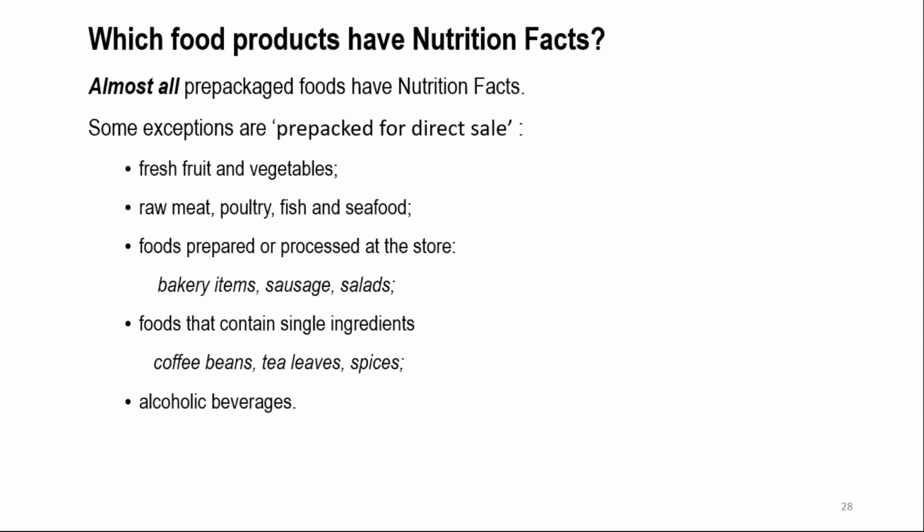All countries require that the prepackaged food must have the nutrition facts. So the only packs which are exempt are fresh food, raw meat, poultry, fish, then bakery items, coffee beans, tea leaves, spices, and alcoholic beverages.